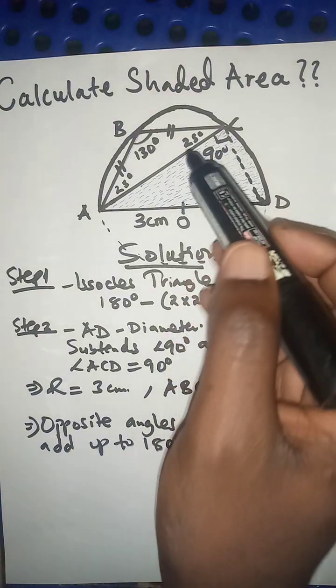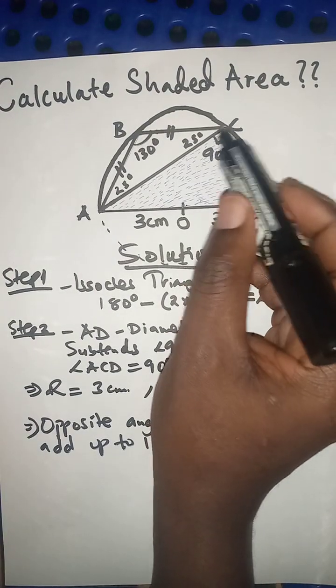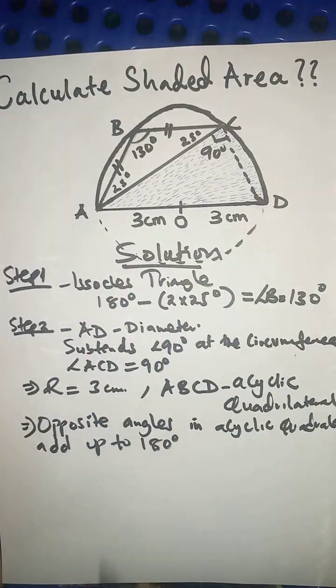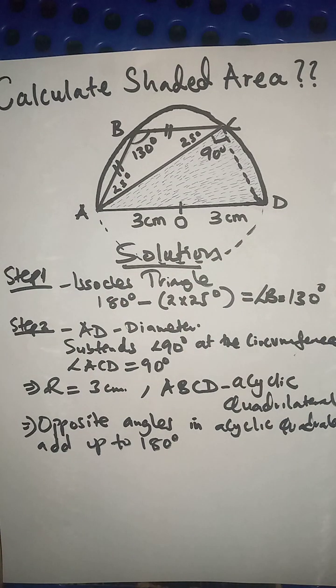Meaning, if I take this angle C and angle A, I'm sure I'm going to get 180 degrees.